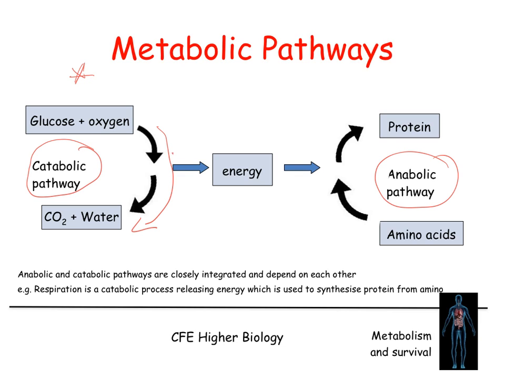But the key thing is that energy is released in that process, in other words, ATP. And that energy that is released can then be used in synthesizing, say, for example, a protein from an amino acid. So we've got the anabolic pathway that is there. So we can think of these as being dependent on each other. The catabolic pathway is releasing energy in order for anabolic pathways to take place.